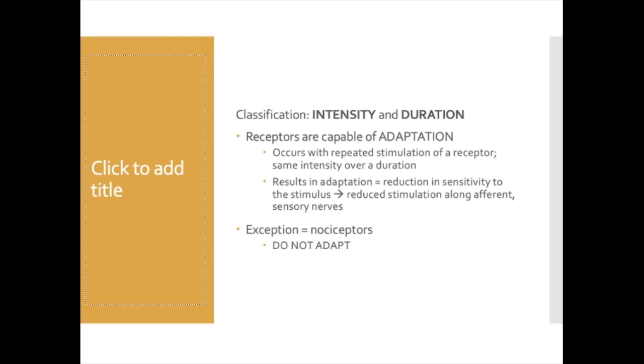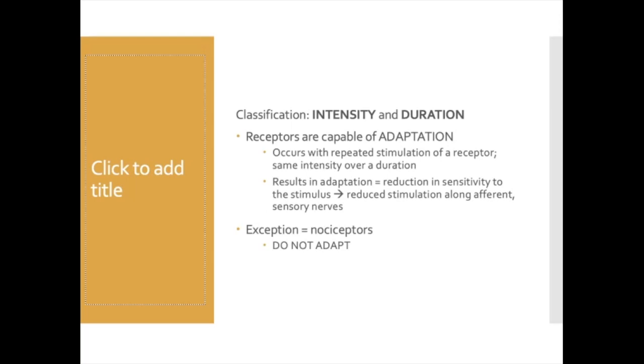One of the best examples of this we can see in terms of touch. It's possible for the human skin to receive sensory information about touch that it will pay attention to at first, but then it will essentially ignore over time. I want you to think about how your clothes feel on your body.